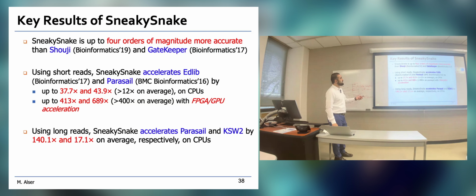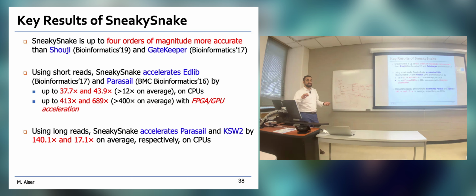In terms of short sequences, when we talk about short, if you remember, Illumina, which is limited to up to 200, sometimes 300, that is what we call short read or short sequences. So Sneaky Snake is still faster than even edit distance algorithms, including edlib. So edlib is edit distance library.